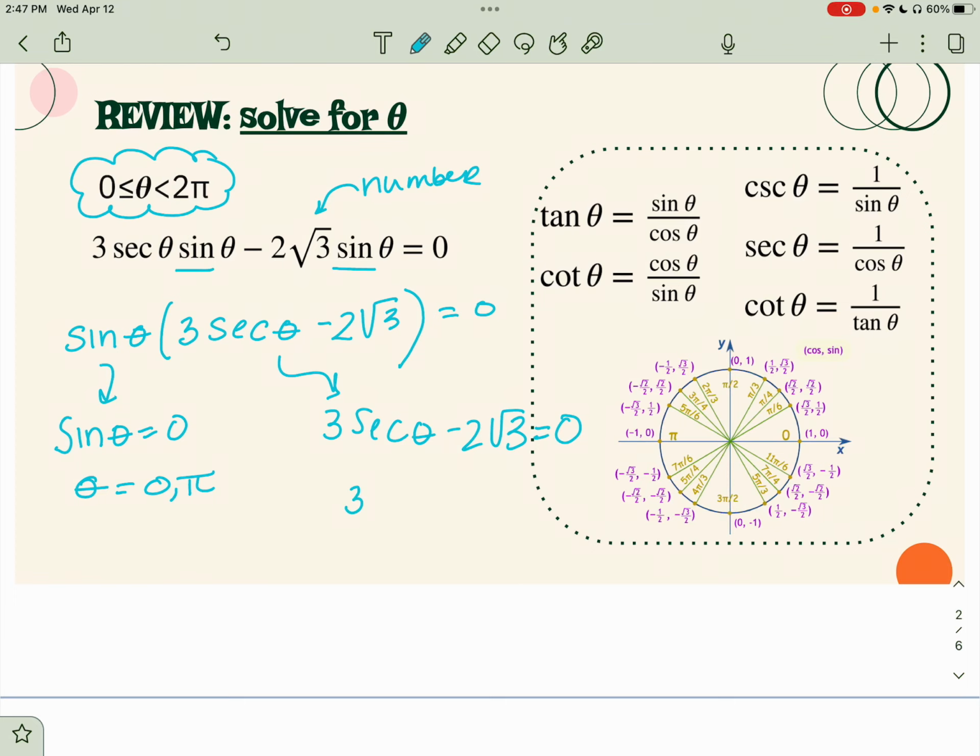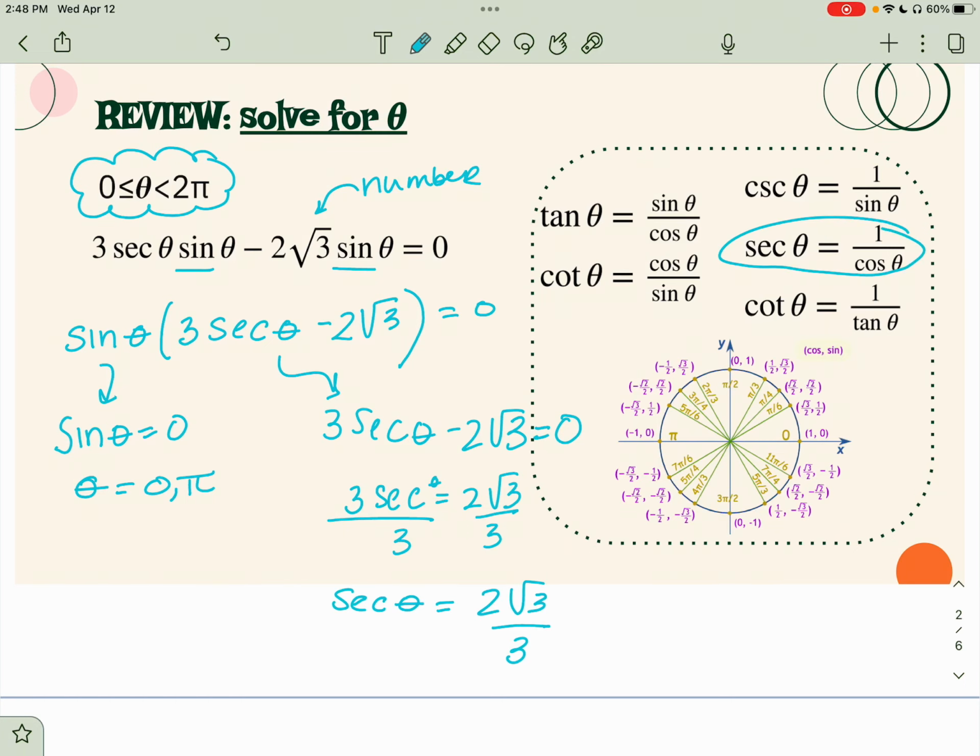I'm going to add 2 square roots of 3 to both sides. Divide both sides by 3. I forgot my theta symbol. So I have secant theta equals 2 square roots 3 over 3. Remember that secant is the reciprocal of cosine.